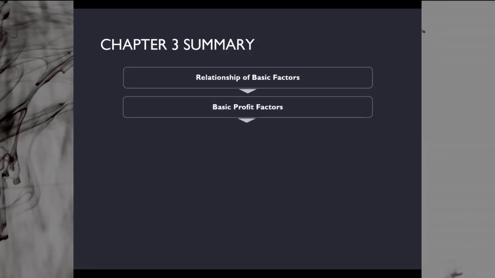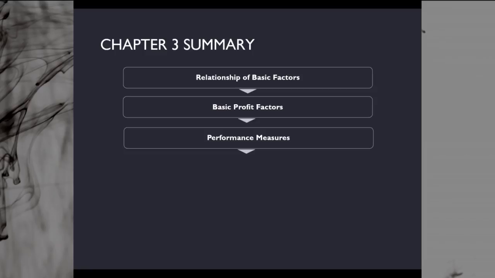So let's summarize and wrap up. In this chapter, you learned the relationship of the basic factors of the profit and loss statement, and you also learned the basic profit factor details and performance measures.